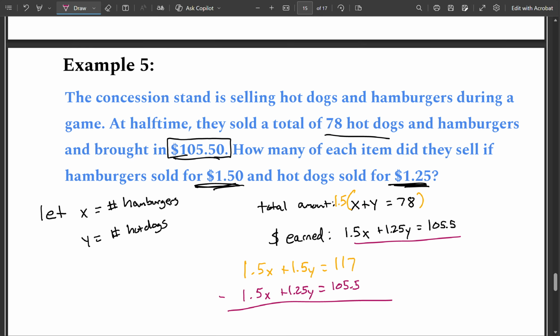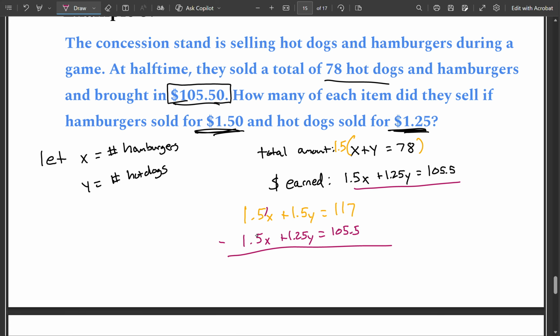So 1.5 minus 1.5, that cancels. 1.5y minus 1.25y gives me 0.25y. And that equals 117 minus 105.5. And that equals 11.5. And then get y by itself, divide by 0.25.